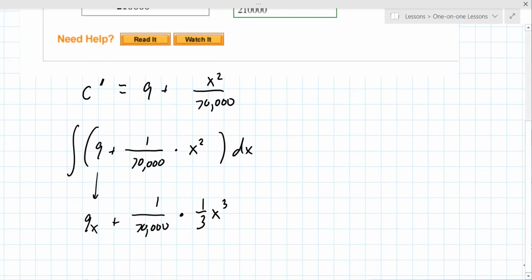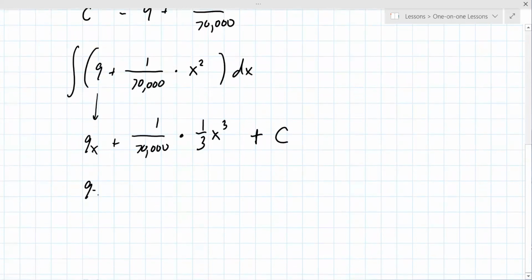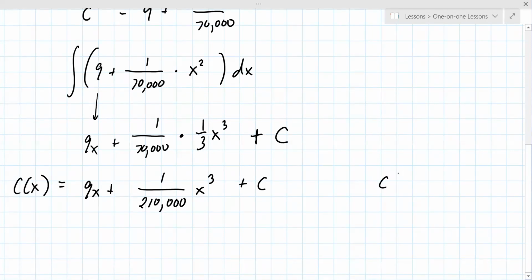Okay, so then there's this plus c, and we can make a little simplification here. This is 1 over 210,000 x cubed plus c, and that's the cost function. I noted earlier that C of 0 is, according to this problem, 100,000. That's the fixed cost.